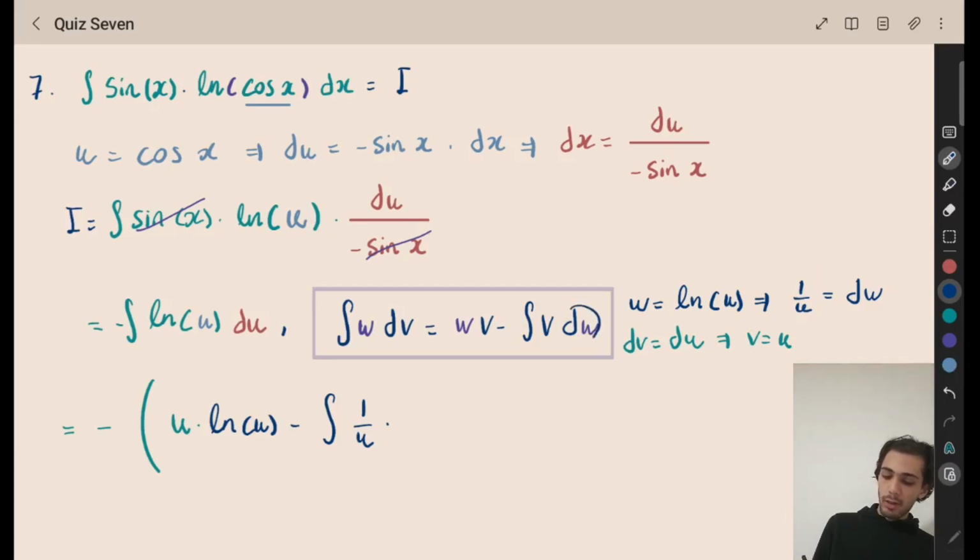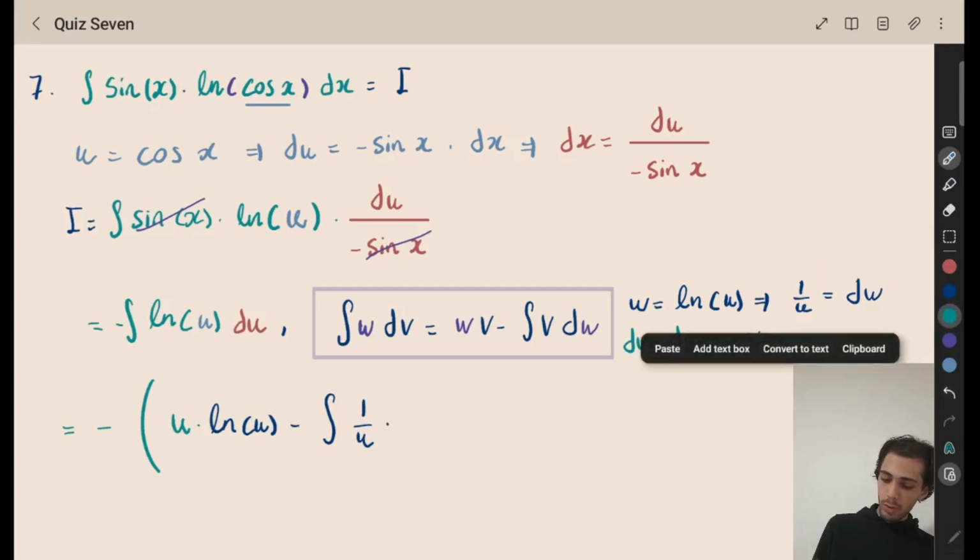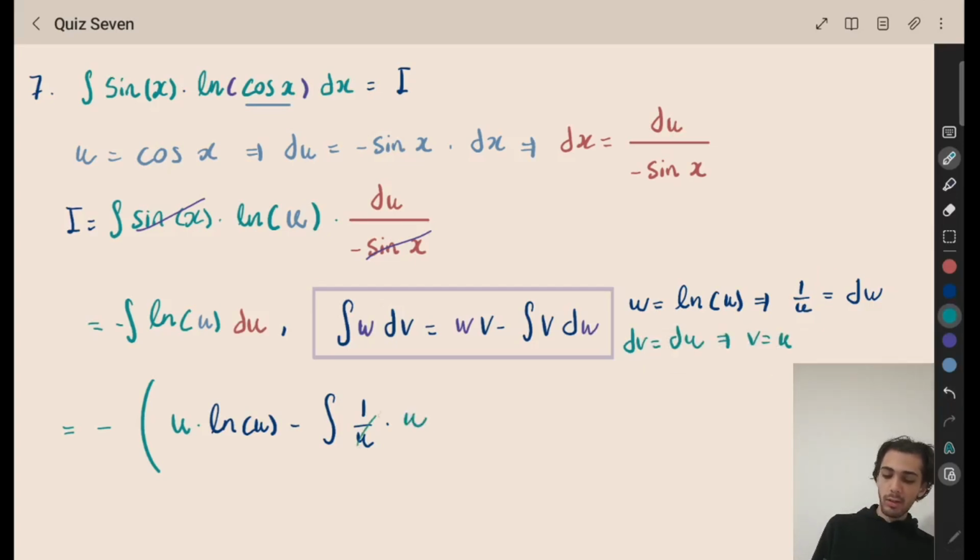And then you multiply dw by v, which is u. So I multiply by u. This is nice. Of course, don't forget, it's 1 over u du, just for the sake of preciseness.